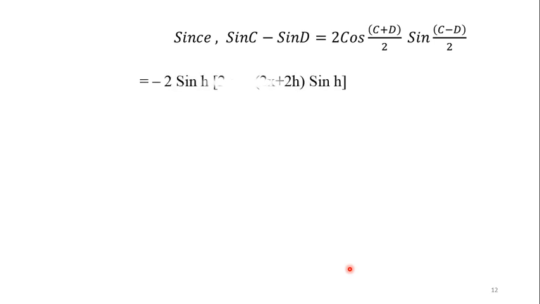Again applying the formula, you can simplify further using this identity. So this can be written, after multiplying, 2 twos are 4, as minus 4 sine square h hyperbolic h and cos of 2 taken common, x plus h.